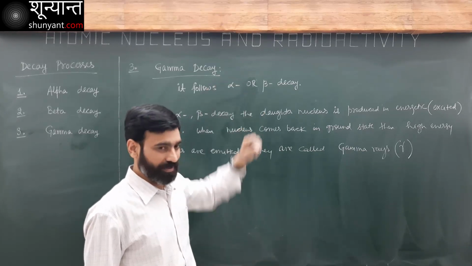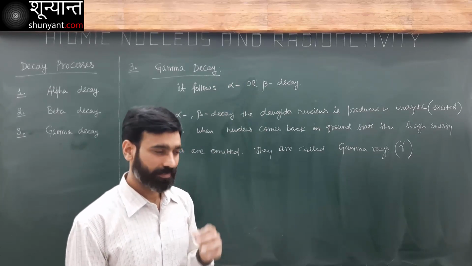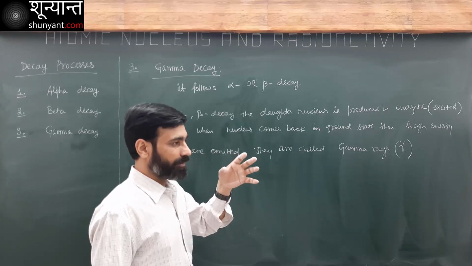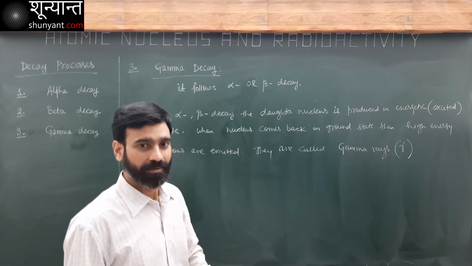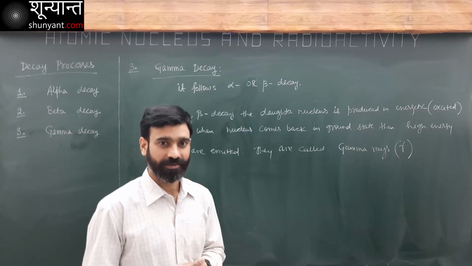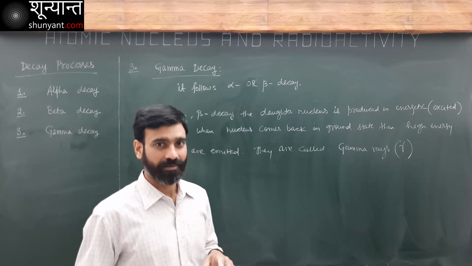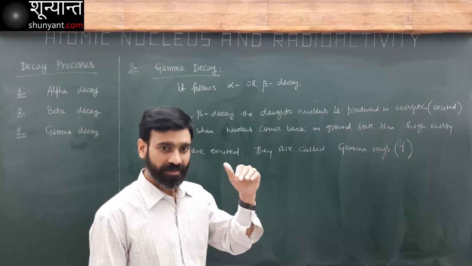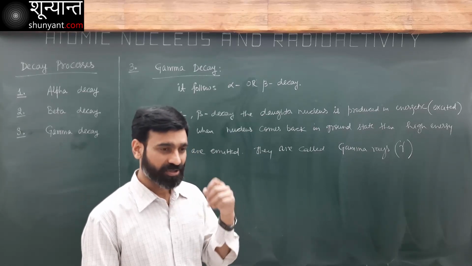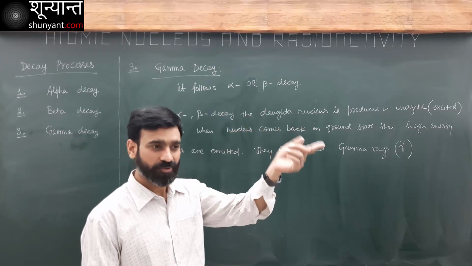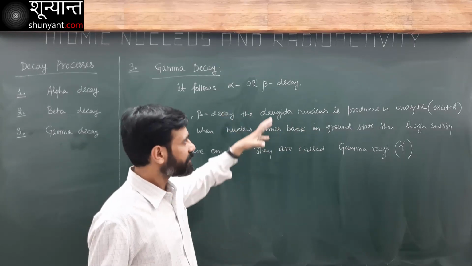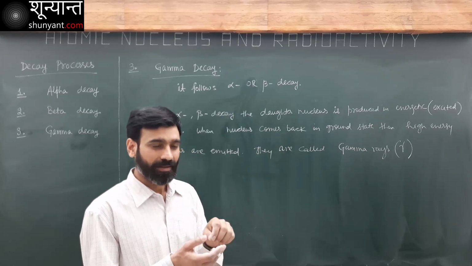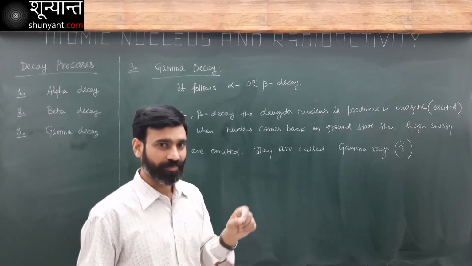Whenever alpha decay or beta decay happens, either one or both, the daughter nucleus is created in an energetic, excited state. As we did in Bohr's atom, excited states are not stable. When an electron jumps from ground state to excited state, it is going to come back. Similarly, this also is going to come back. And when the nucleus comes back to the ground state, photons are emitted equal to the energy difference.